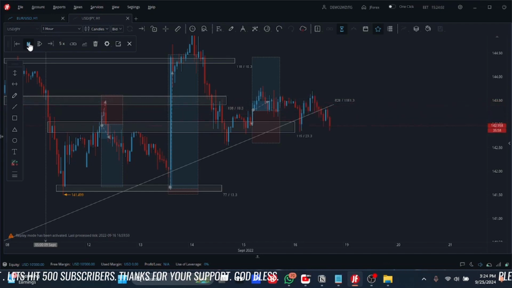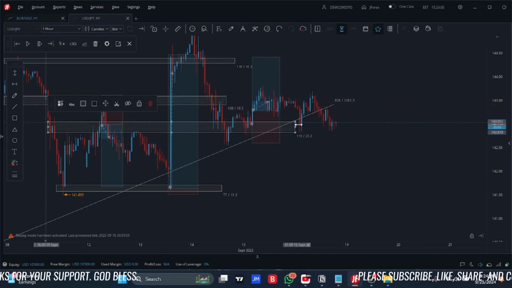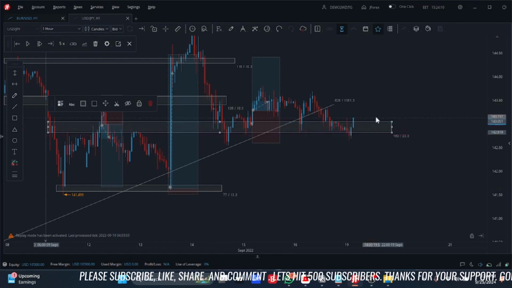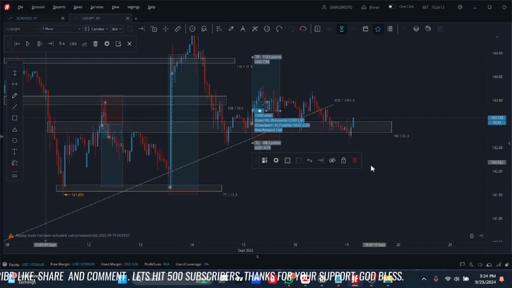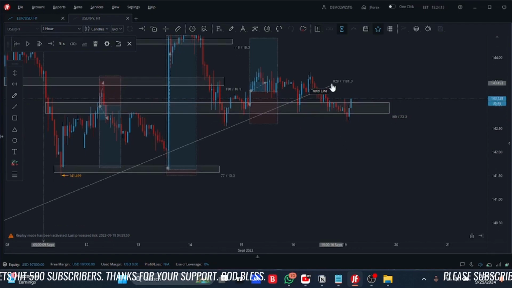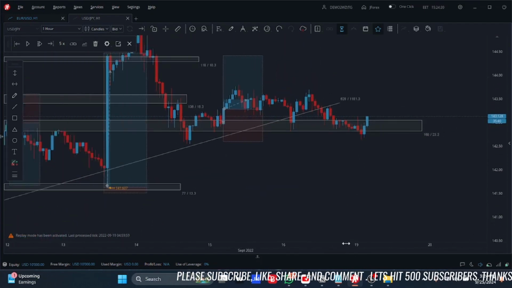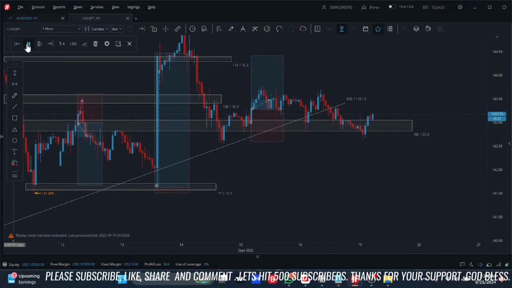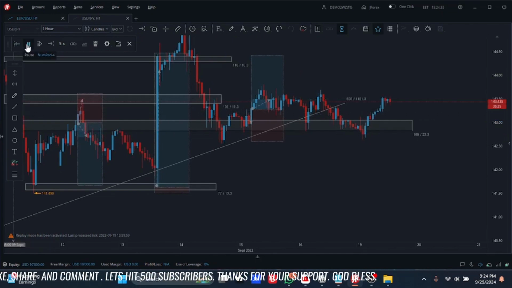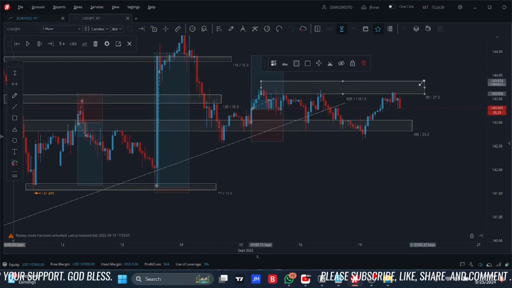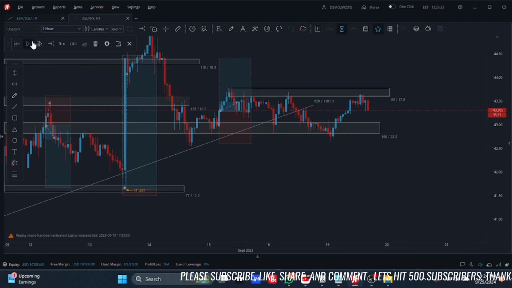Until now, it's going sideways, meaning that price is consolidating, and we have a couple of touches on the upper side and the lower side. I would advise you not to take your trades in consolidating zones. Only take your trades in trending zones, uptrend or downtrend, not sideways trend.